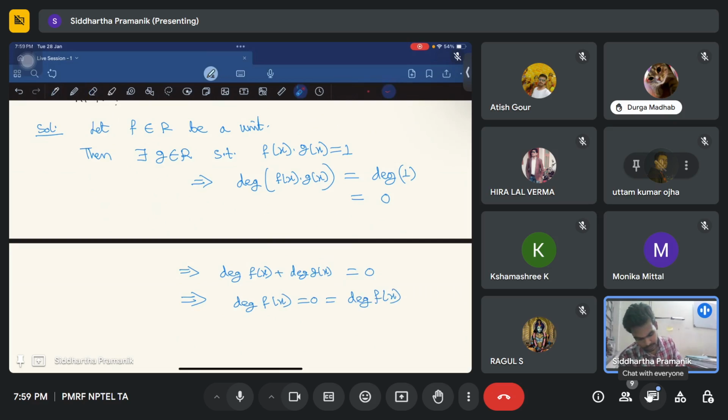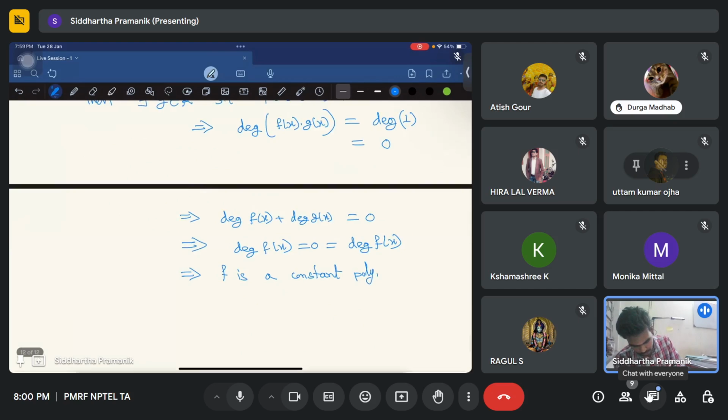So the degree is 0, that means f must be a constant polynomial. Constant polynomial means f must be an element of Q, and also the same for g.